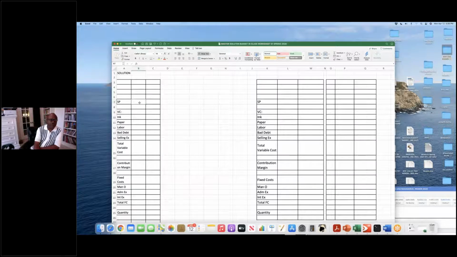Selling price will be $500 for this document. All right, we're doing your document. How much is the ink? It says 5 ink cartridges per book. In the second quarter, it says $10 unit cost. That's probably $50, right? Right.